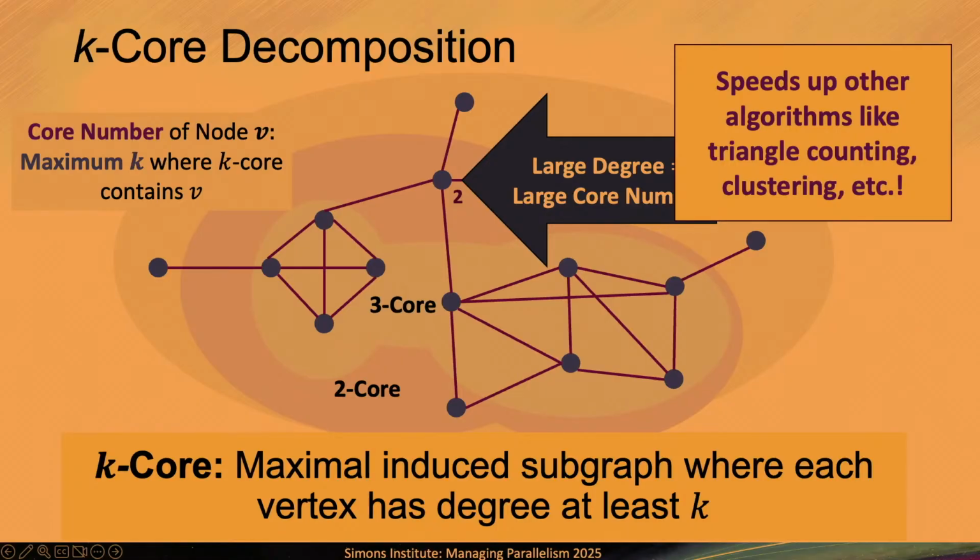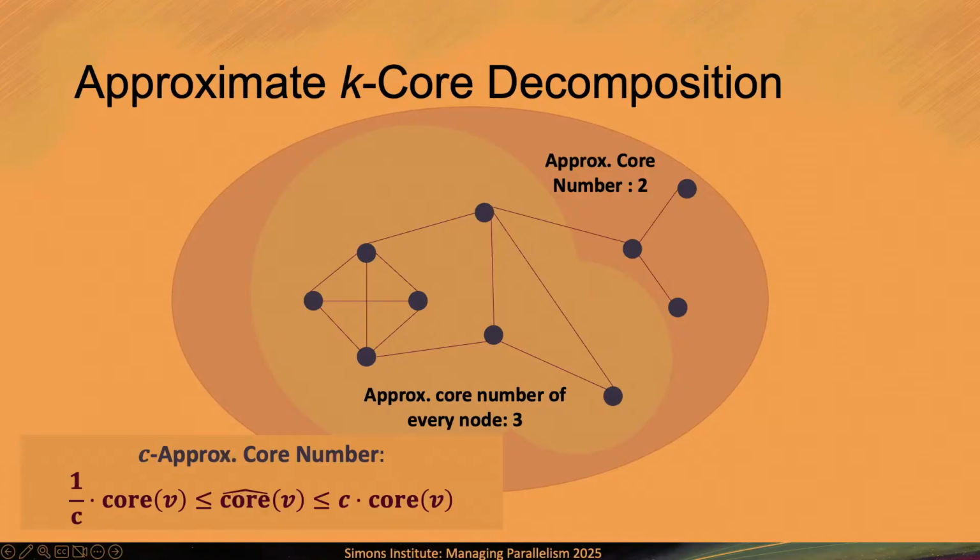You can use this to speed up algorithms like triangle counting, clustering, etc. A straightforward extension of this exact K-core decomposition definition is that you can also obtain approximate core numbers. And there is one unique K-core decomposition for every input graph.